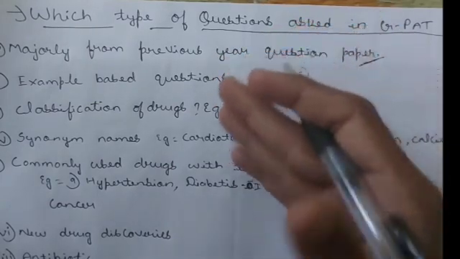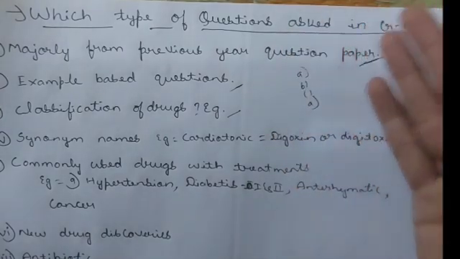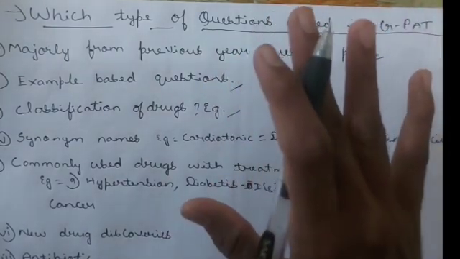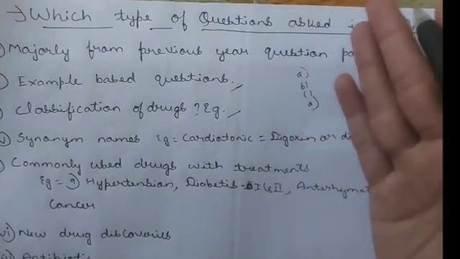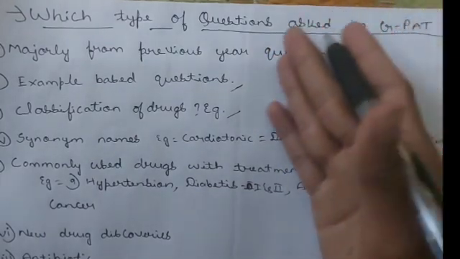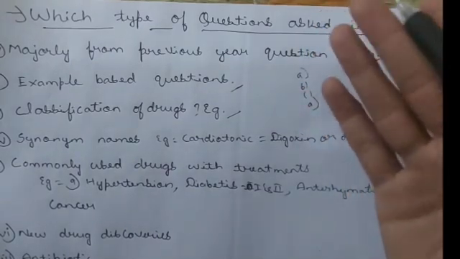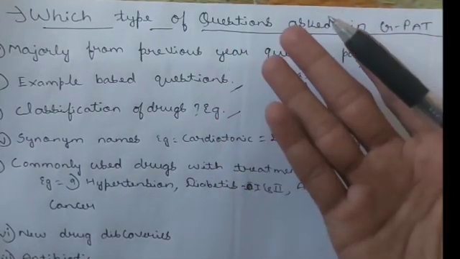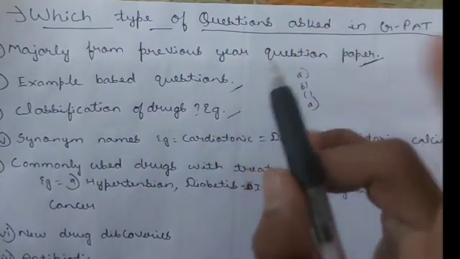Sometimes they will ask, among the following, which of the following is a long acting barbiturate or short acting barbiturate. Not only barbiturates, any topic you take, among the following, which of the following is an ACE inhibitor, angiotensin converting enzyme inhibitor? This type of question will be asked repeatedly in your GPAT exam. So classification of drugs is also very important.